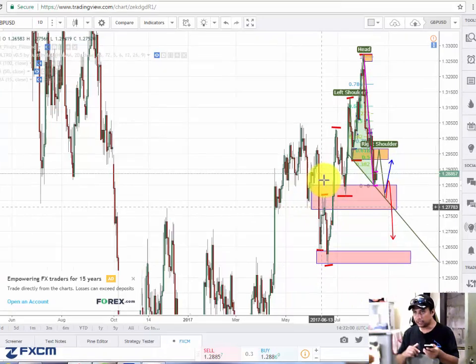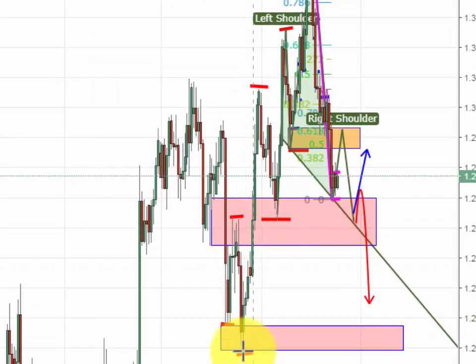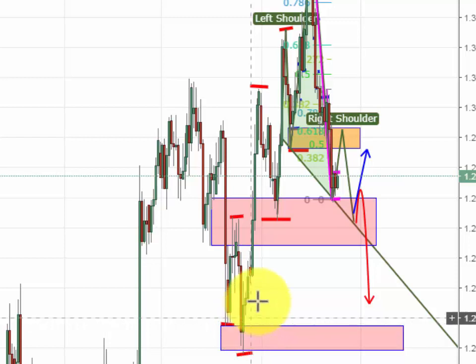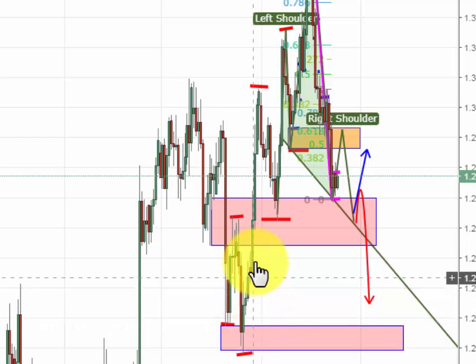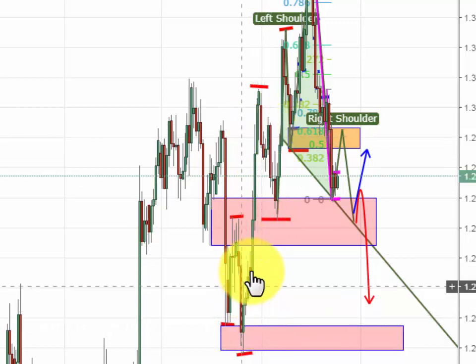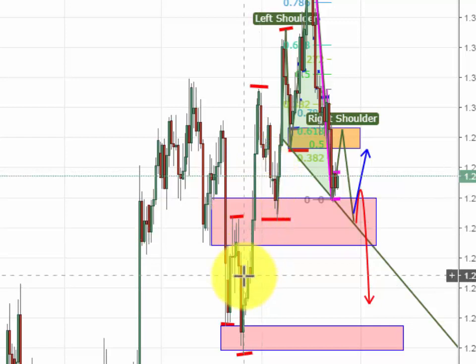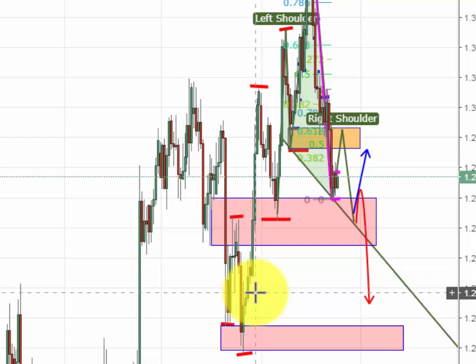It started here, we have the low here, and since we already have the structure low, what we need is the structure high. From that alone, you will know that you don't have to trade down, right?